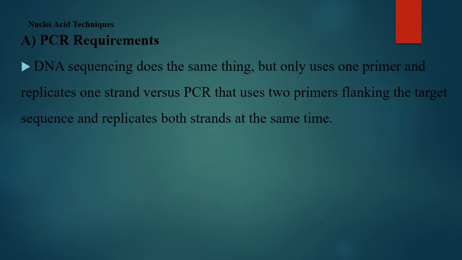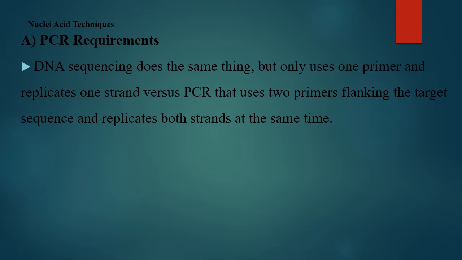Now, DNA sequencing in general is identifying the nucleotide arrangement. In DNA sequencing, the same thing is done as in PCR, but it uses one primer and replicates one strand, whereas PCR uses two primers, one moving in this direction, one moving in the opposite direction, flanking the target sequence and replicating both strands at the same time.